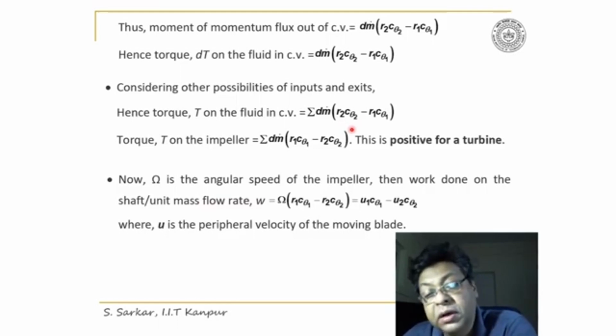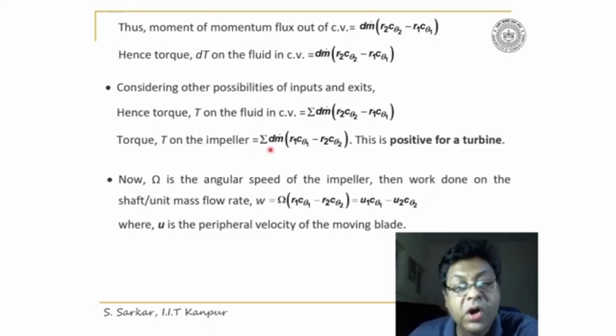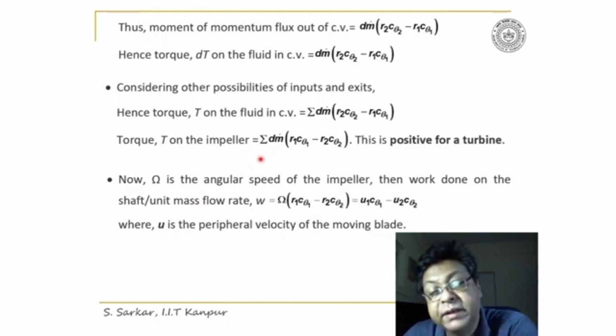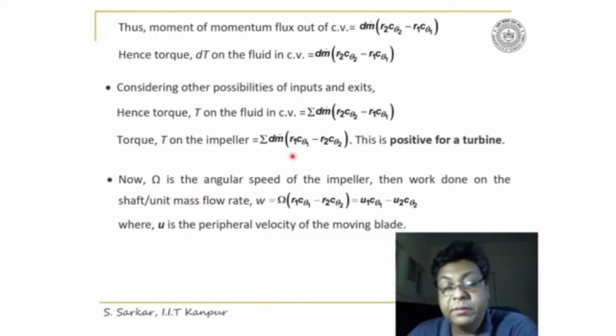The torque on the impeller would be opposite to that on the fluid. So T on the impeller can be written as sigma dm dot within the bracket (R1 C theta 1 minus R2 C theta 2), which is positive for a turbine.